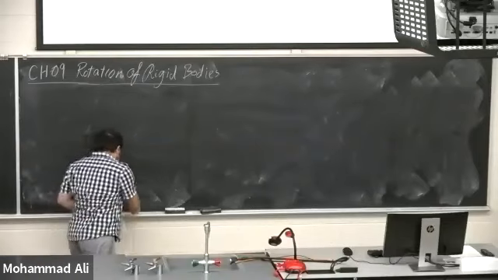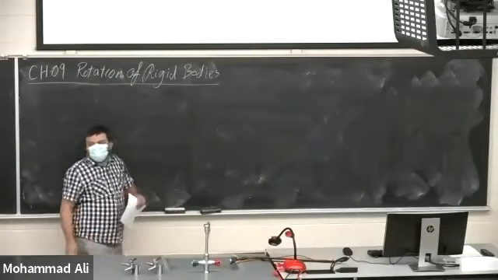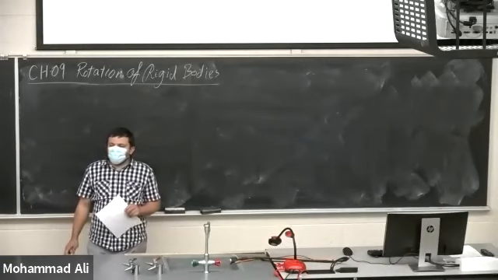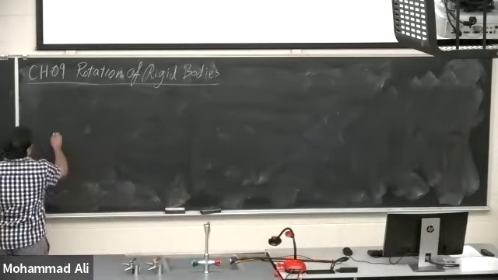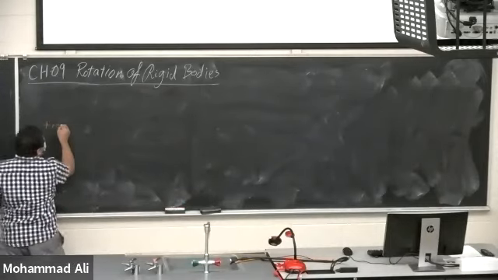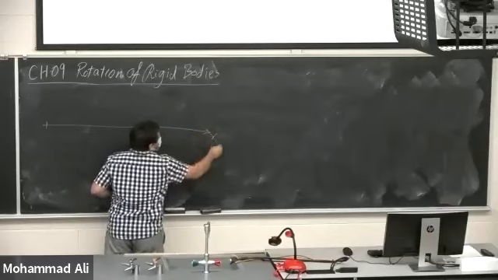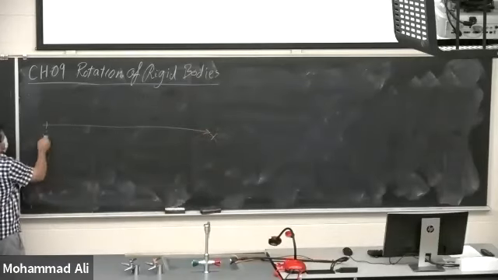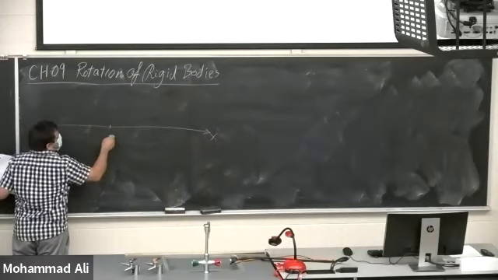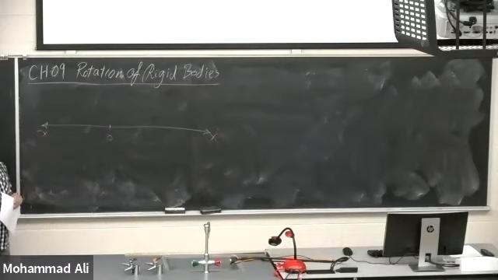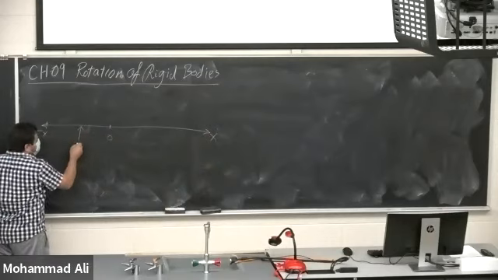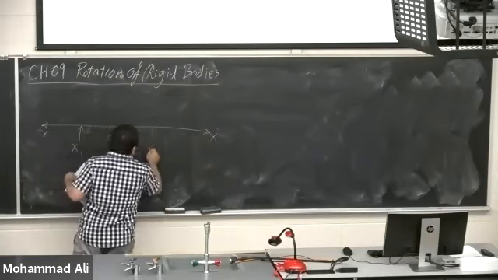Okay. Let us remember our study from the first to the sixth chapter. We talked about the displacement. This is the x line. For example, this is the 0. This is the negative direction. We talked about the displacement from x1 to x2.